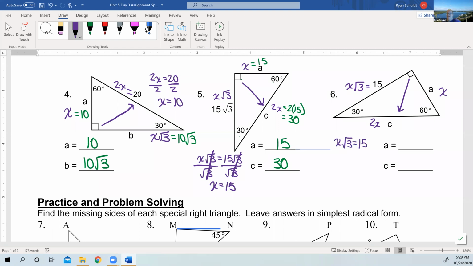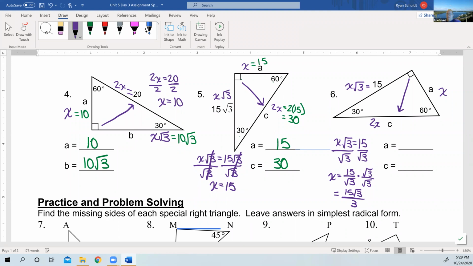And I need to get x now. So divide by the square root of 3. X equals 15 divided by the square root of 3. Can I leave it like that though? No. Gotta multiply by my special number 1.